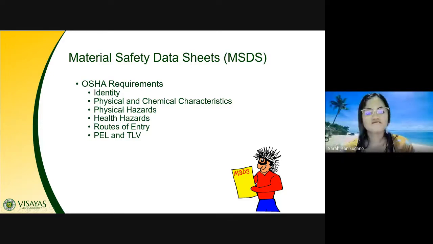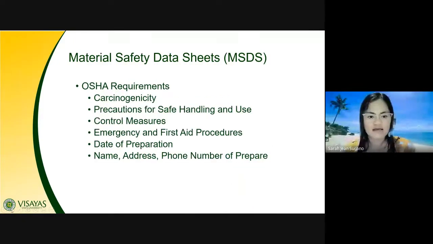In the material safety data sheet, you will know the identity, the physical and chemical characteristics, the physical hazards, the health hazards, the routes of entry of your chemicals, whether inhalation, ingestion, or skin contact, and also the PEL and the TLV.